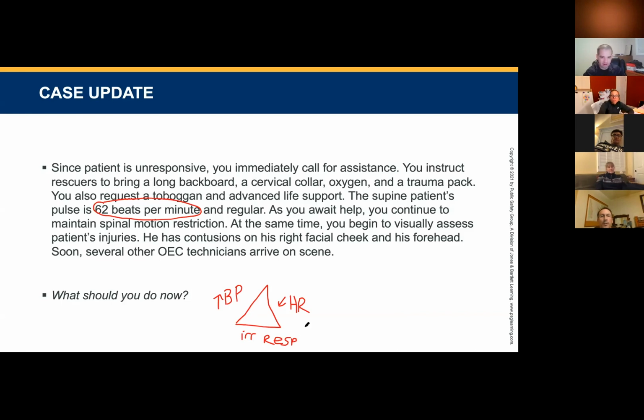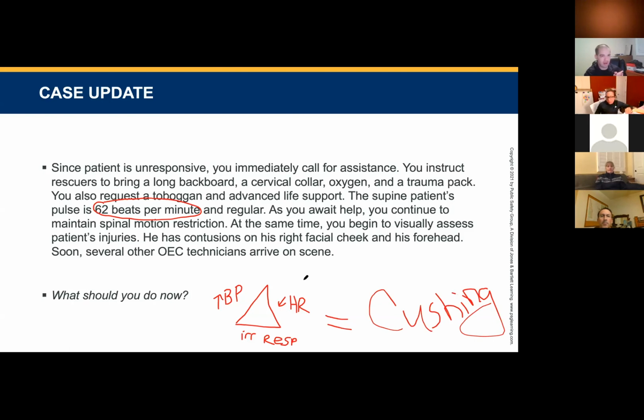So this heart rate in the 60s, although it's still within that normal range, it's right on the baseline, and I'd expect it higher. So I am really worried that this person has a head bleed, right? And that we have some kind of intracranial trauma setting in. So we've got some kind of bleed. And with that bleed, that means that we have that increase in pressure. And so, this patient is very sick. We need to get them off the hill as quickly as possible.